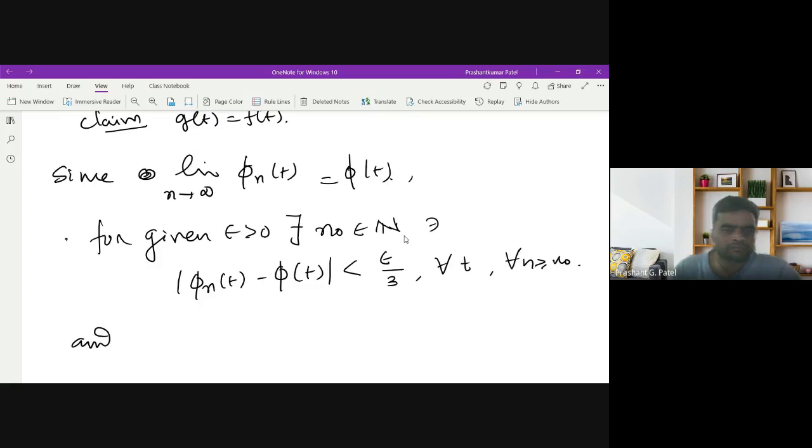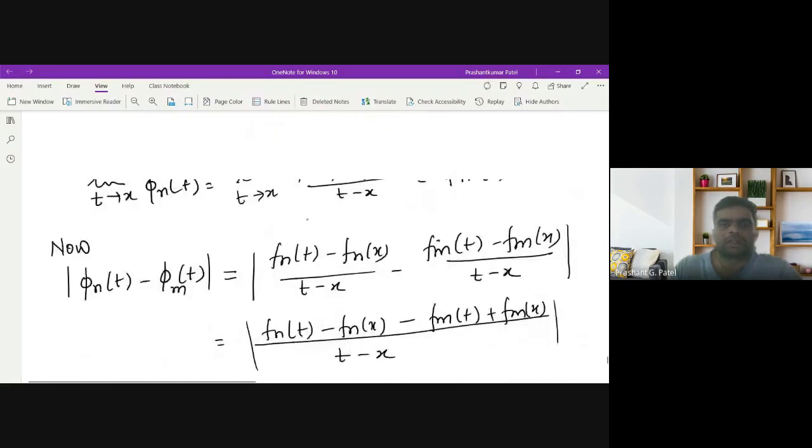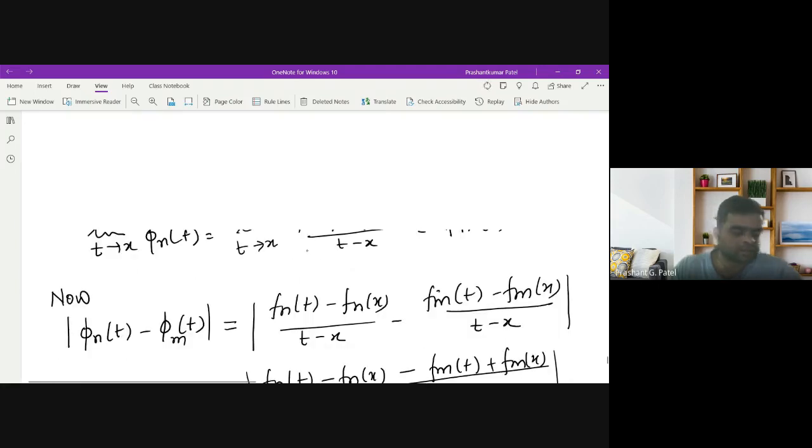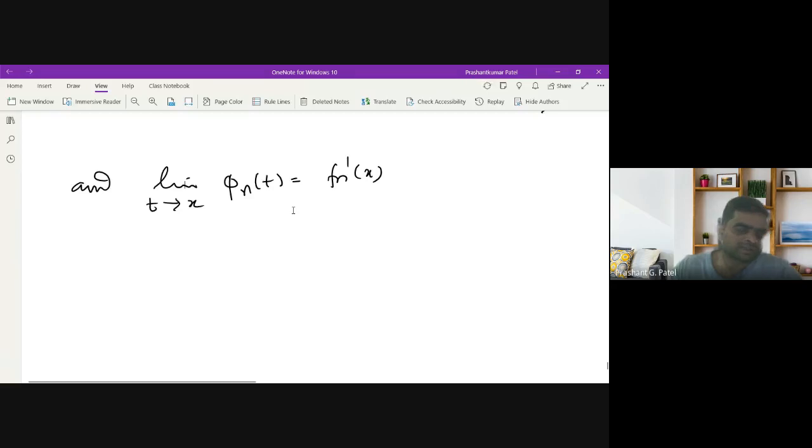And we also have, as t tends to x, phi n of t is equal to fn dash of x, which we have already done earlier. That is, what is phi n of t as t tends to x? We have proved that it is the derivative of fn at x, so this is fn dash of x.